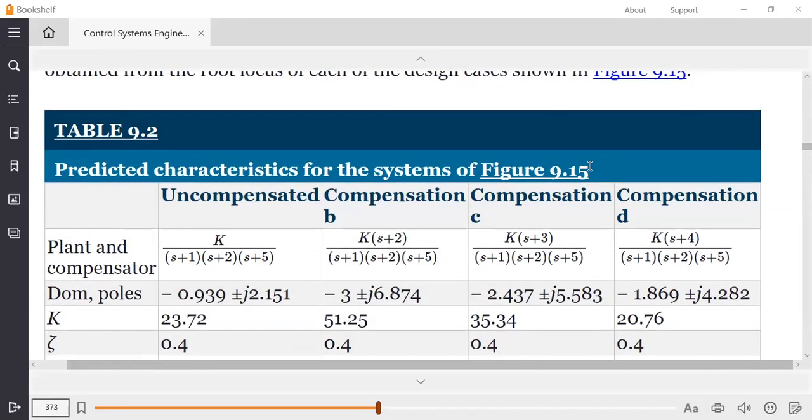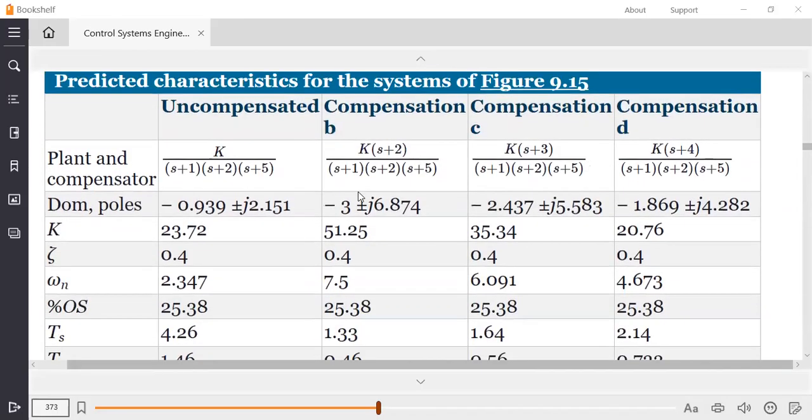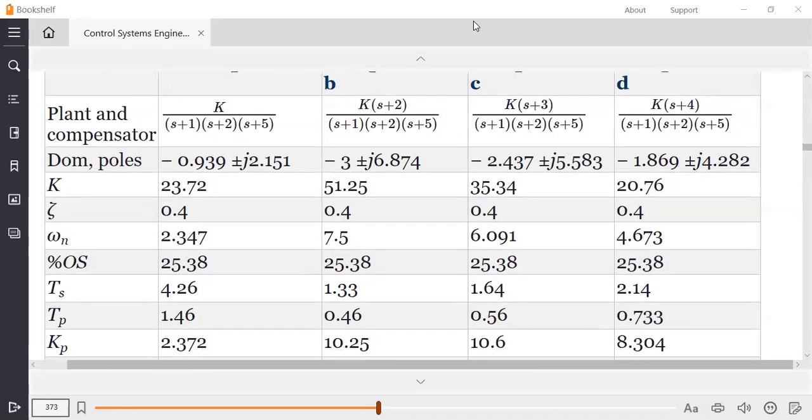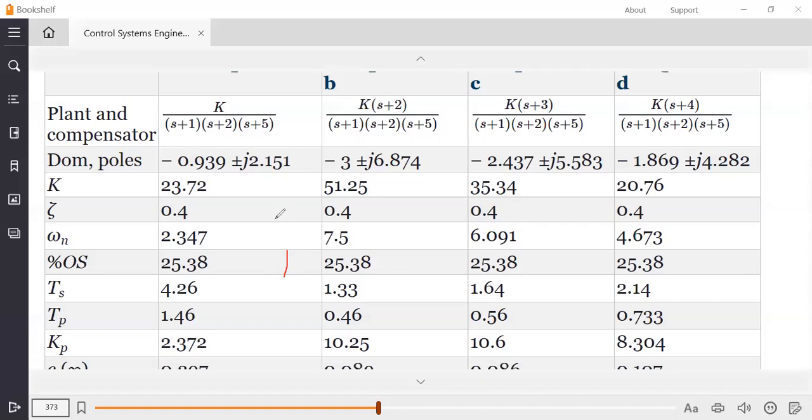Table 9.2 shows the uncompensated system first. Then you have a zero at -2, the next one at -3, and the next one at -4. Look at their zeta value.